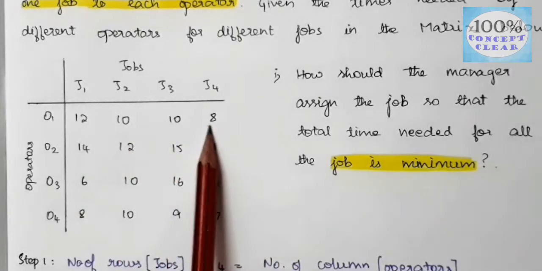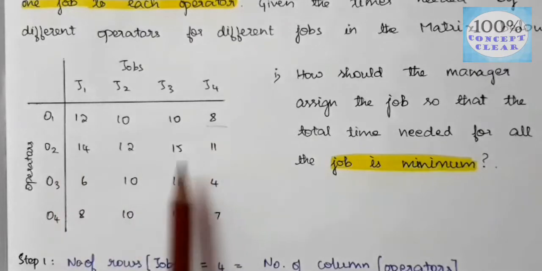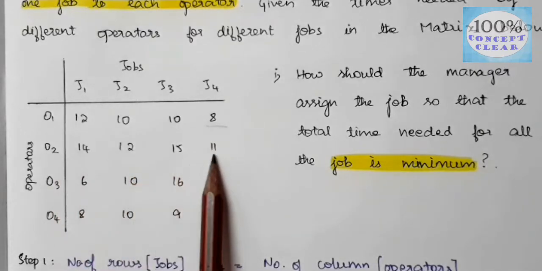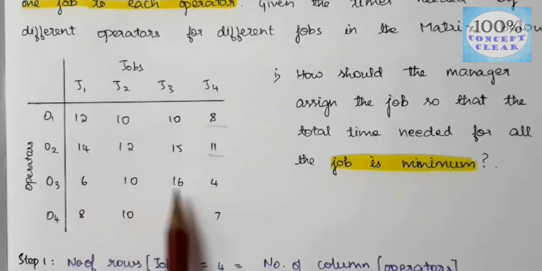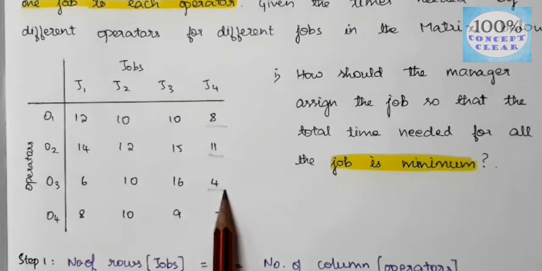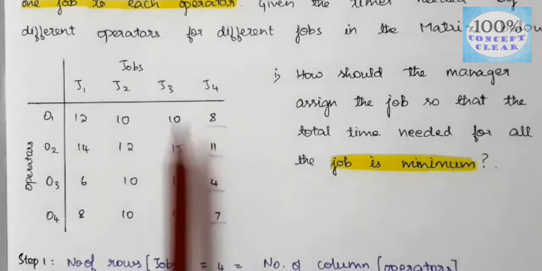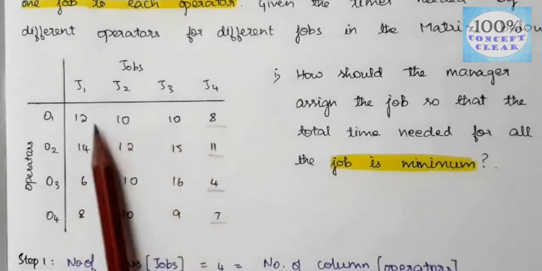So mark that. And in second row, 14, 12, 15, 11. 11 is minimum. And in third row, 6, 10, 16, 4. 4 is minimum. And in fourth row, 8, 10, 9 and 7. 7 is minimum. Now we have to subtract this marked element with each element in the row.